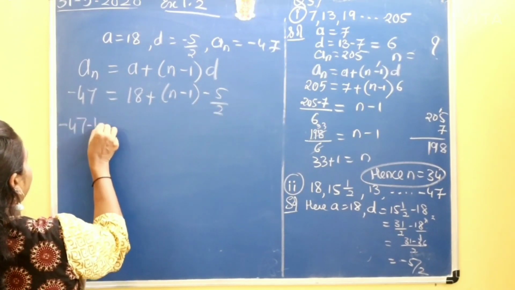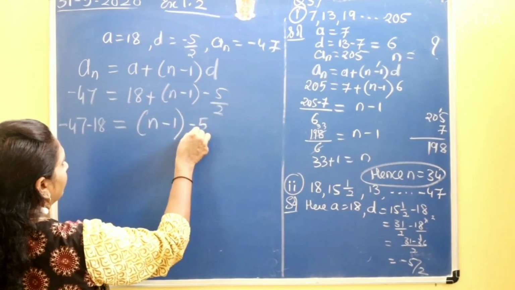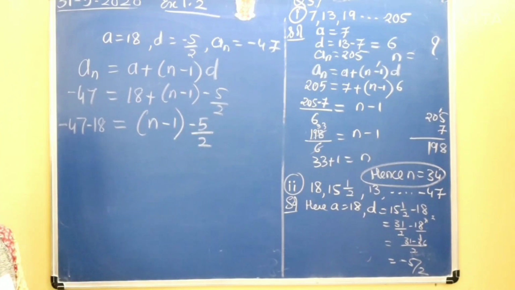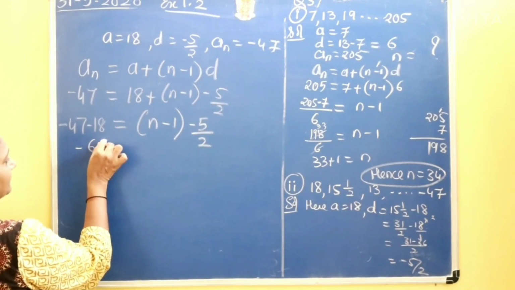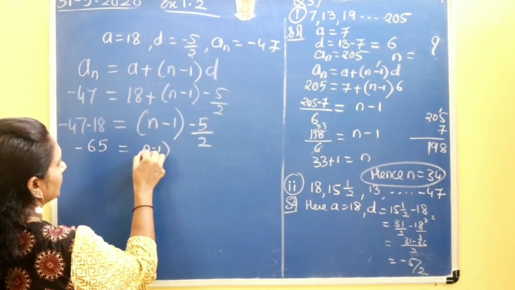Minus 47 minus 18 equal to N minus 1 into minus 5 by 2. So minus 47 minus 18 will give you minus 65. Minus 65 is equal to N minus 1 into minus 5 by 2.